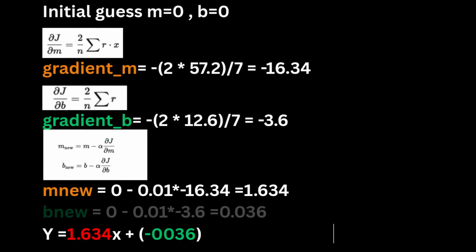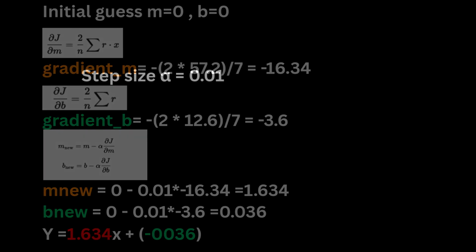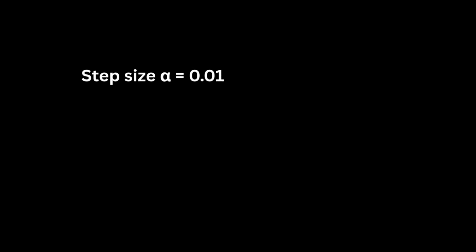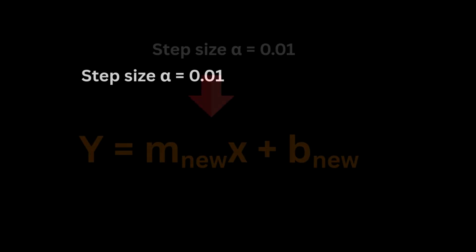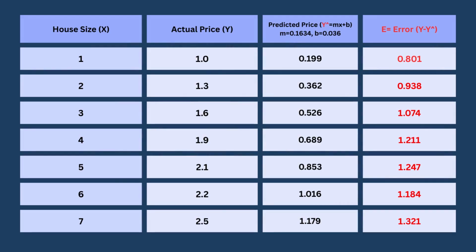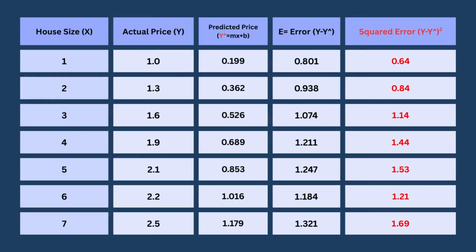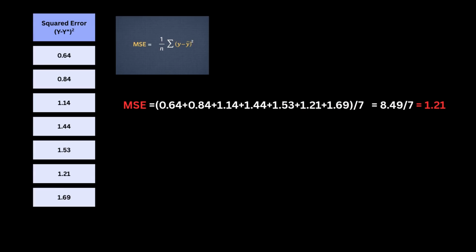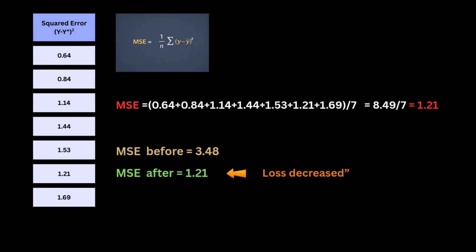Now we update the line. We move in the opposite direction of the gradient, using a small step size. This gives us a new line. Same data, better position. Now we do the same thing again. Make predictions, calculate errors, calculate MSE.